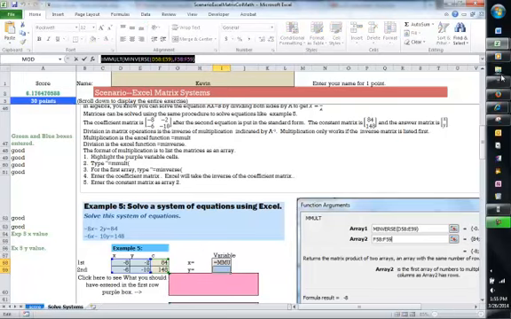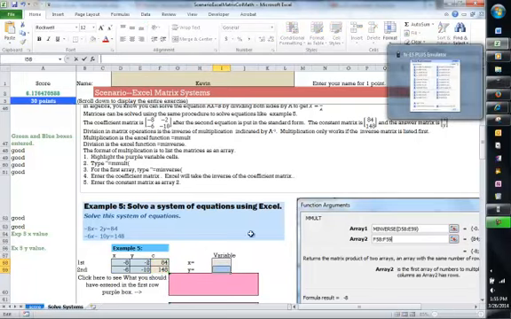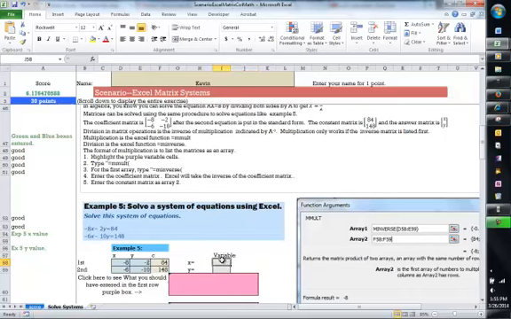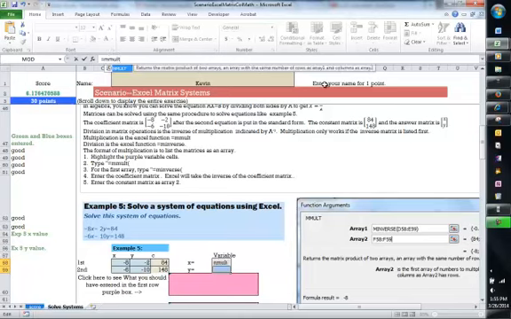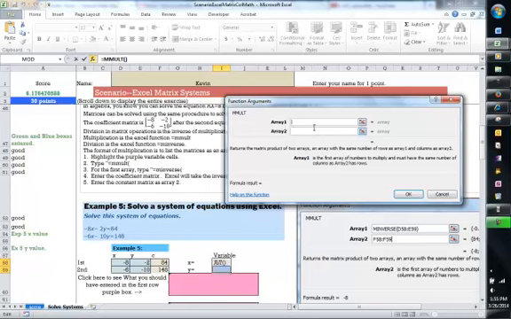Let's try this again. Okay, so highlight the two cells. Type equals matrix multiplication, parentheses. Click the fx button. The first one is going to be the inverse of the coefficients.